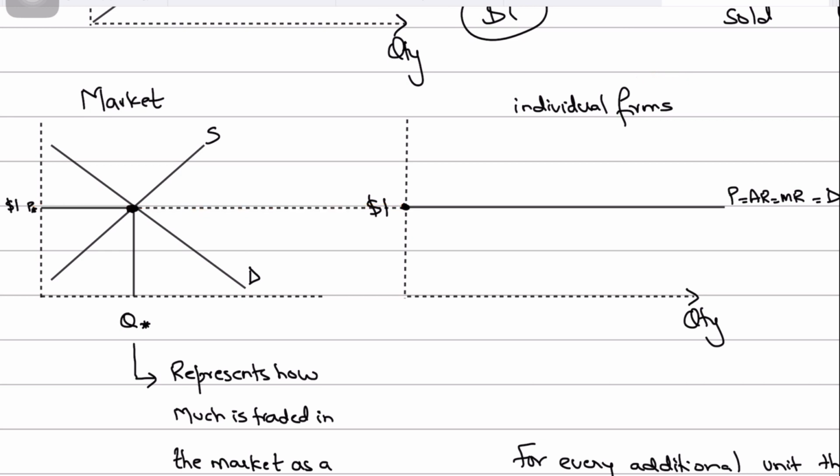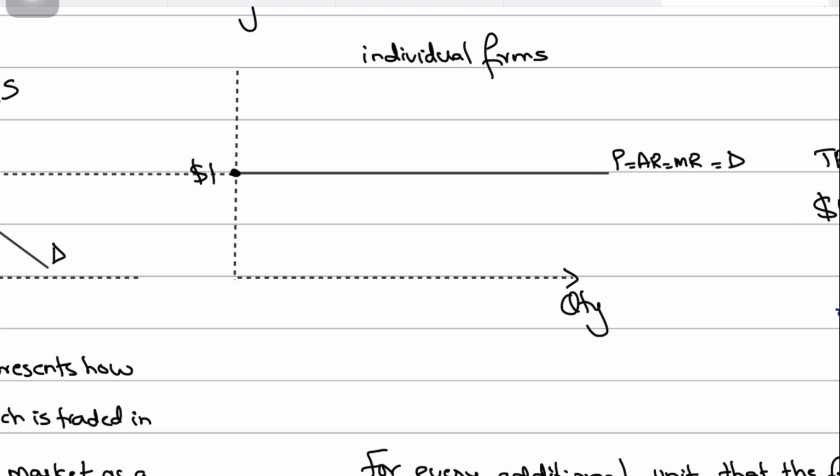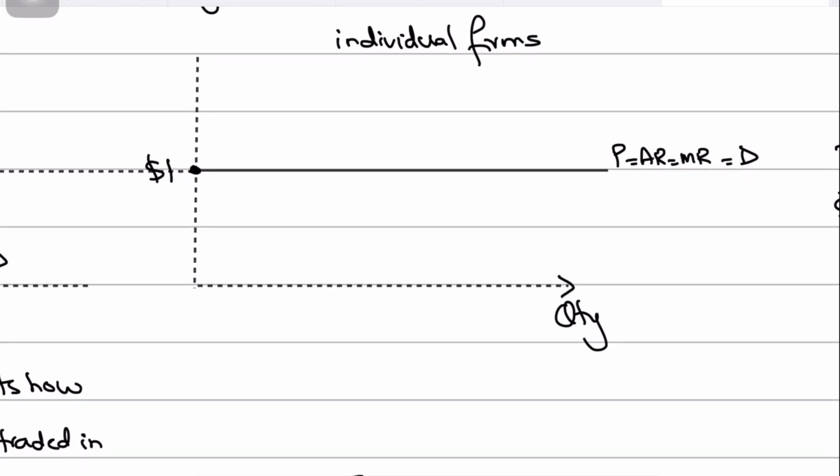So moving our discussion forward, like I said, this $1 is basically the individual firm's selling price. And over the entire range of output, we know that the individual price would be equal to the average revenue. That would also be equal to the marginal revenue, right?